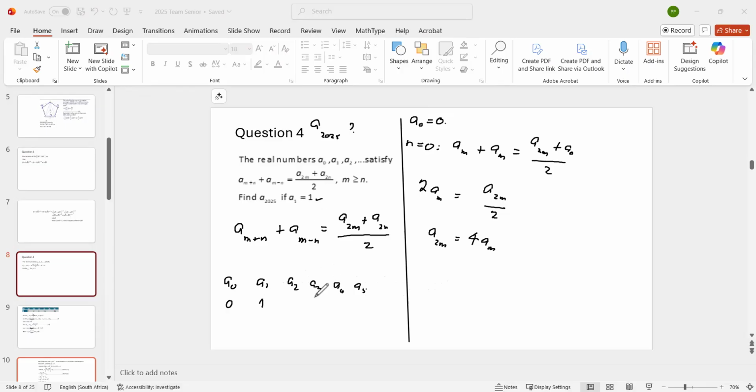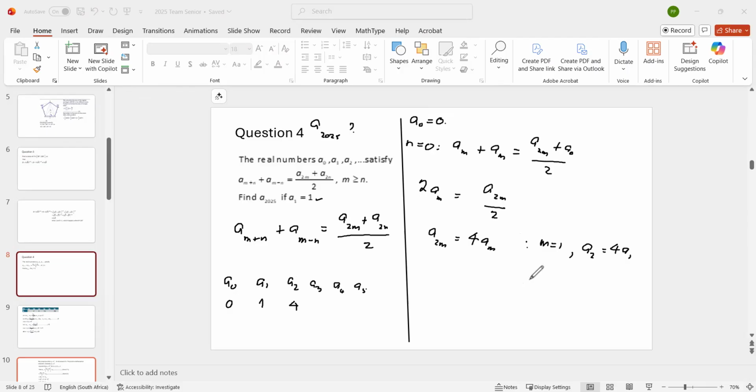It's given here. Now, a_2, you can make m equals 1. It gives you a_2 equals 4a_1. If you make m equal to 1, then a_2 is 4a_1.